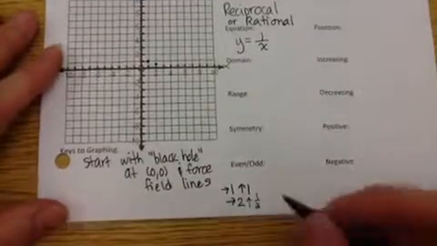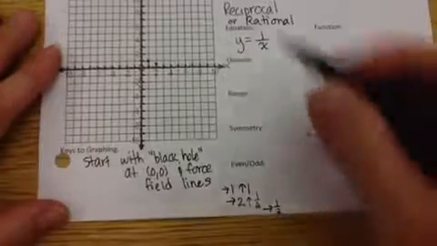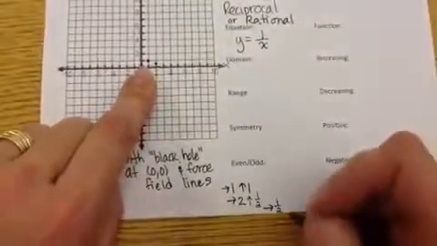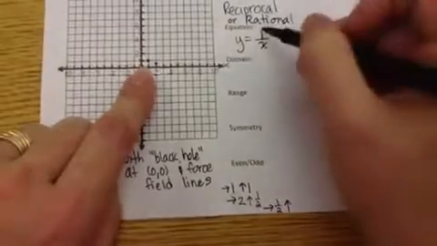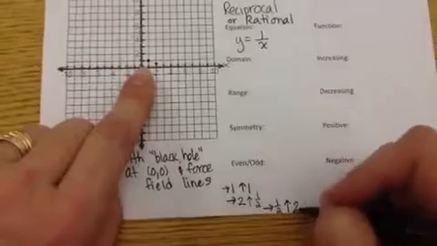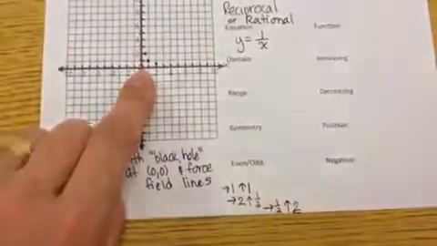Then I hate to put fractions out there, but that's what has to happen next. If I move right 1/2, it's a reciprocal function. So when I take the reciprocal of 1/2, 1 over 1/2, I get up 2. So my other point is right 1/2, up 2.